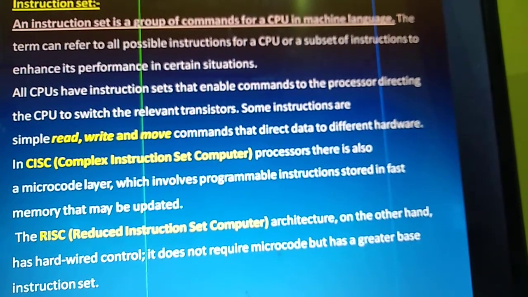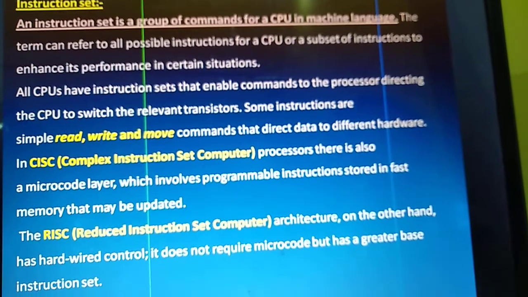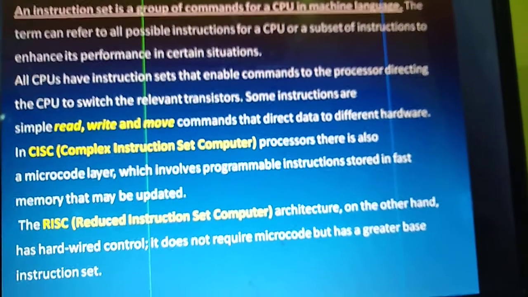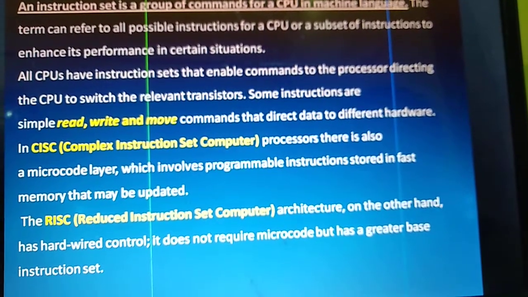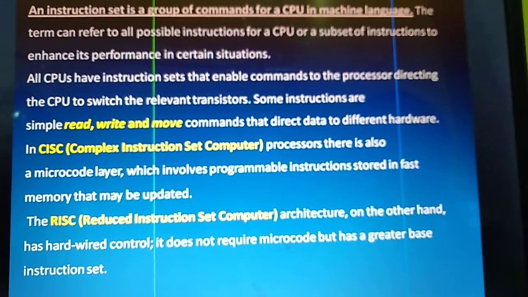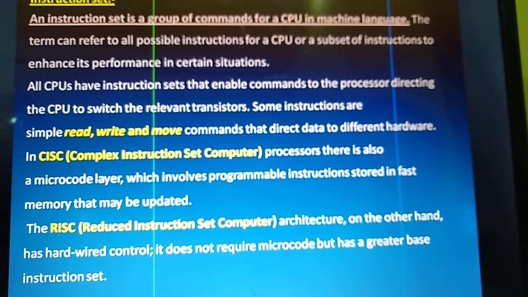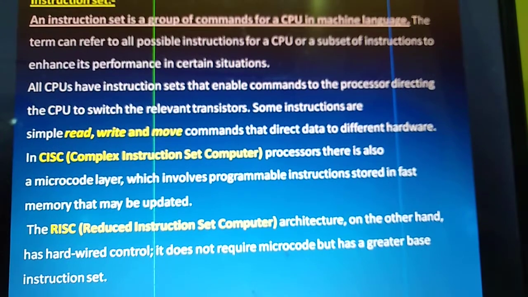We have CISC and RISC. CISC, complex instruction set computer. RISC, reduced instruction set computer. What is CISC?